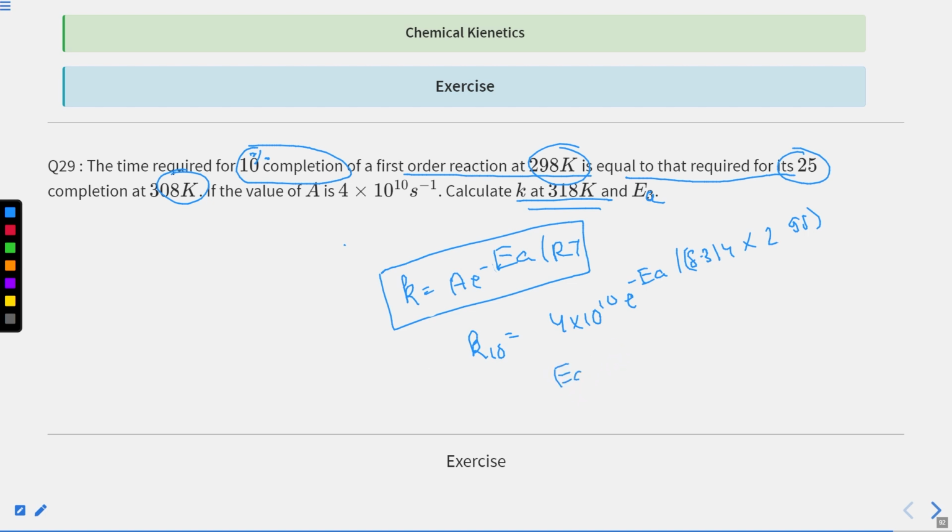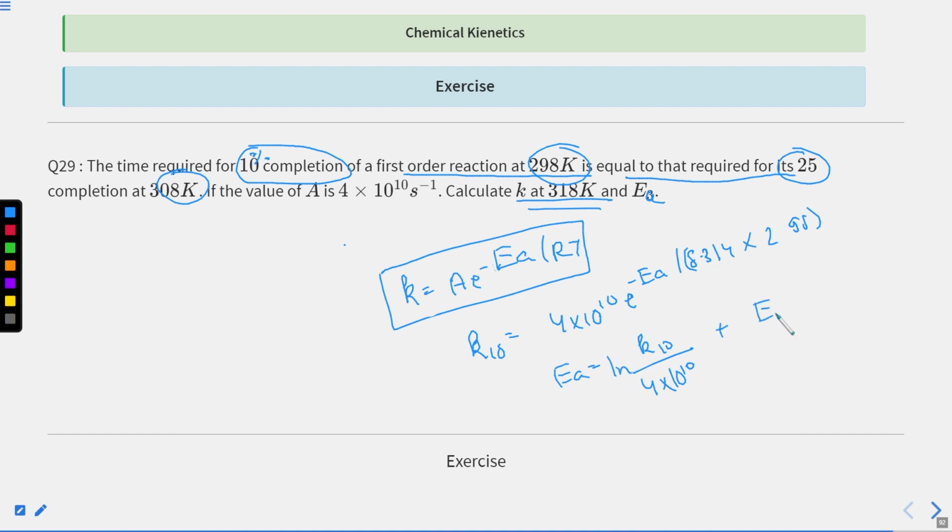Now if you find the value of EA from here, that would be K10 divided by 4 into 10 to the power 10, and take ln on both sides.